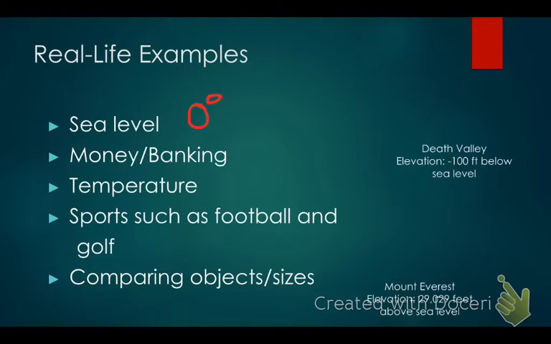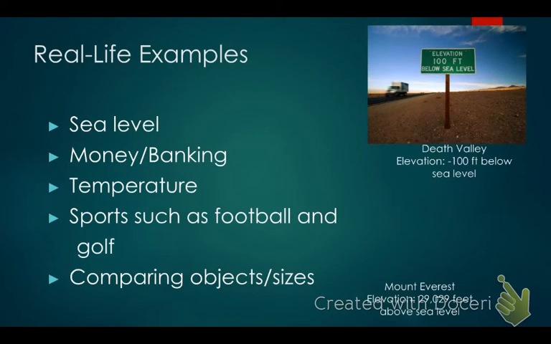Let's take a look at these pictures here. In real life, you might see a sign that the elevation is 100 feet below sea level. Sea level is 0, so if Death Valley is 100 feet below sea level, that means it's below 0. And just because it's below sea level doesn't mean it's going to be underwater.